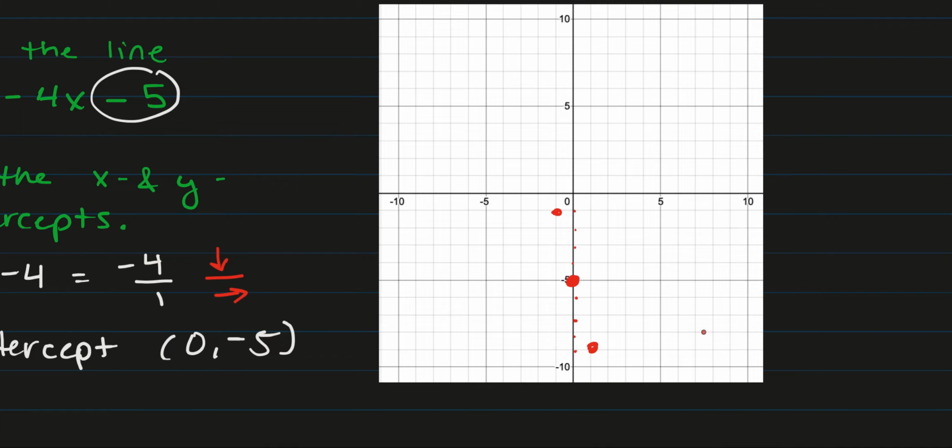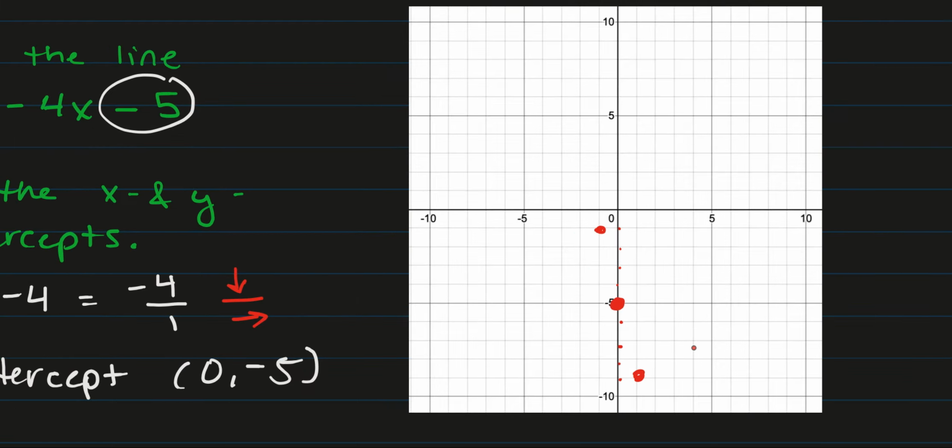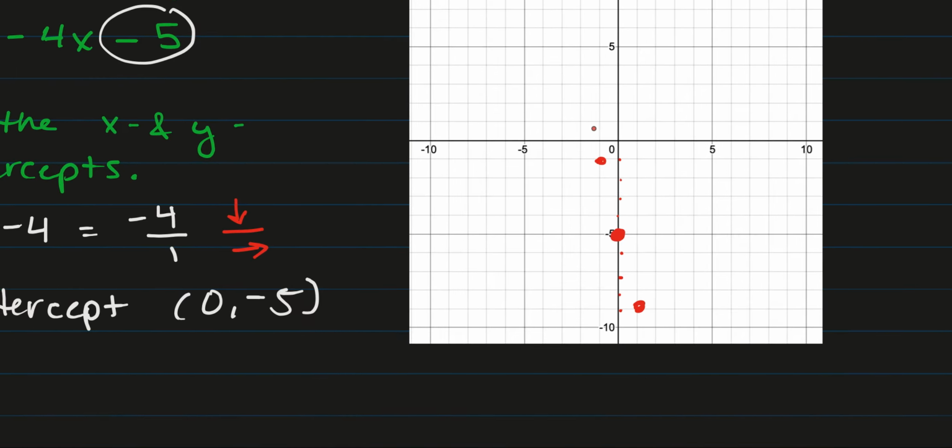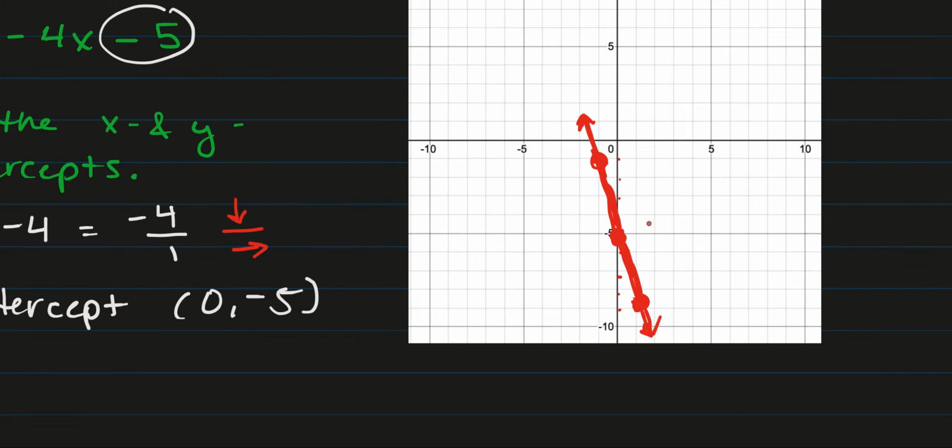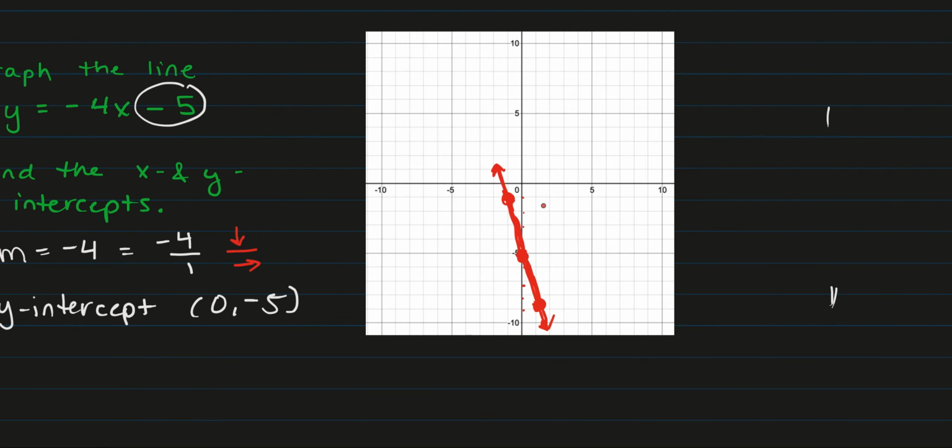And let me zoom in, see if I can make a pretty straight line. So do my best here, like this. It should be a straight line through these points. Something like that. And you can see that this line is going down.